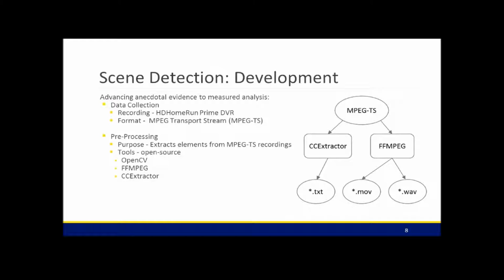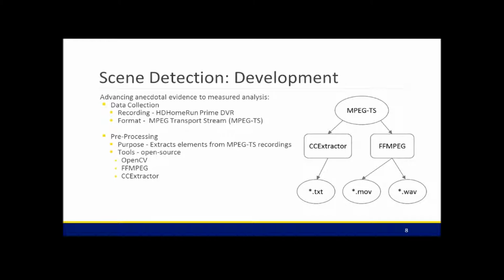But we found that this would be quite laborious, and given our time constraint, we turned to third-party tools to help us. The first tool that we used was OpenCV, a library of visual analysis algorithms. OpenCV can't process the MPEG transport stream directly, so we needed a tool to convert it into a different format.